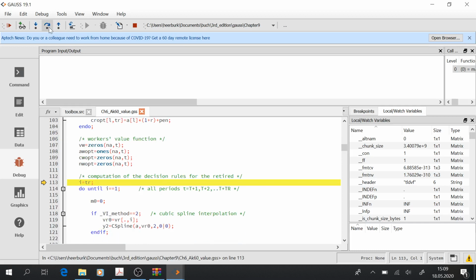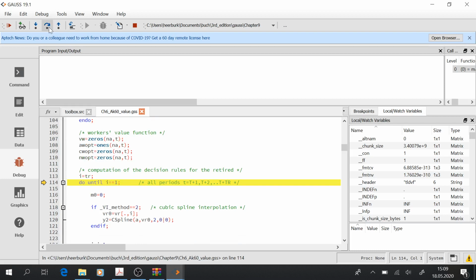And now we start to iterate backwards in time. So that's the idea of Richard Bellman in his dynamic program. We've initialized the value function in the last period of life at age 60. And now we compute the optimal lifetime utility at age 59, our value function.